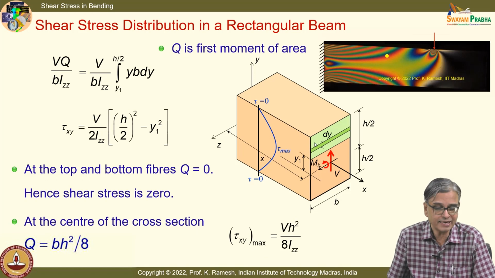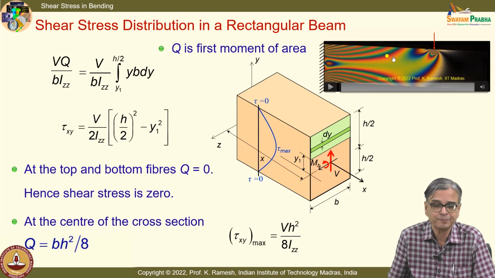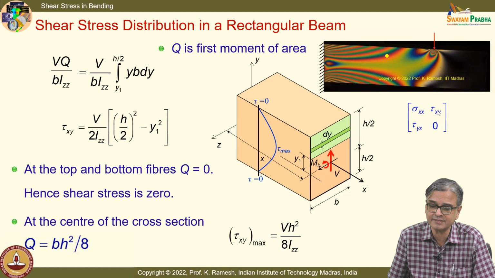It is a point below the surface. See, you are looking at the side view. If you look from the cross sectional point of view, it is some point just below like this. It can even be taken as y1. So I will have shear stress here. I will also have bending stress. So if I put that, the stress tensor is sigma xx, tau xy, tau yx, 0. Is the idea clear?